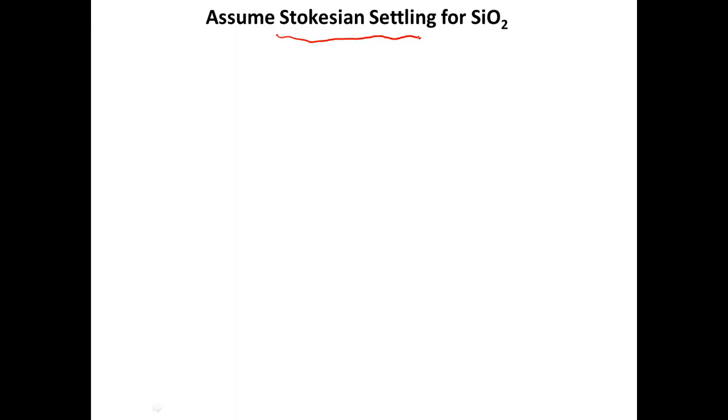We'll calculate a Stokesian settling velocity, and we'll check the Reynolds number. If it's less than 1, then that means our settling velocity assumption is correct. If it's greater than 1, we're going to have to use the Hahn approach. But let's go ahead and assume Stokesian settling for quartz, and we'll use the Stokes settling equation.